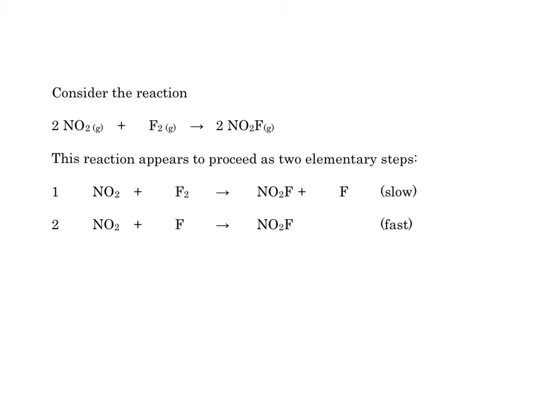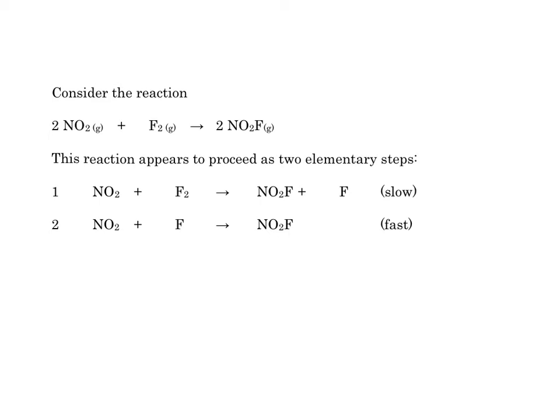So, when they're written out like this, it's a couple of things you need to know. Anything that appears to be produced in one step, used up in the next step, and is not part of the overall equation is called a reaction intermediate.